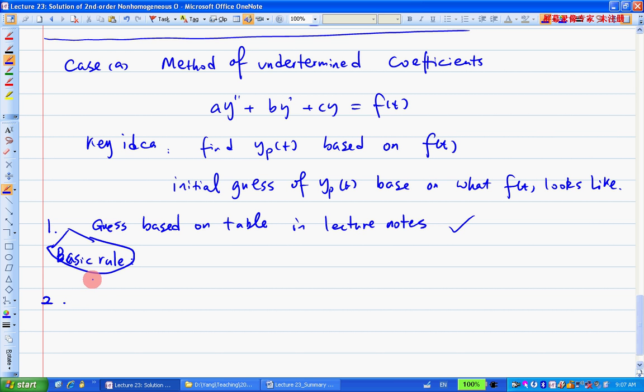So the second one I would call the modification rule. So the modification rule here is this.